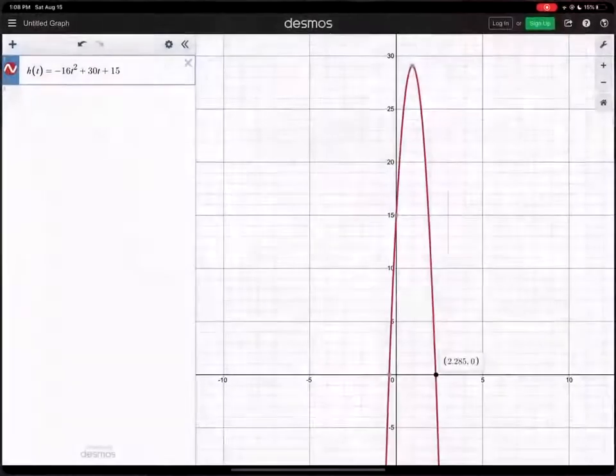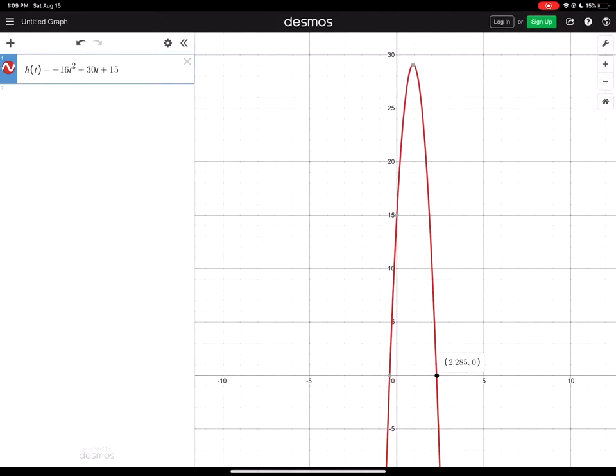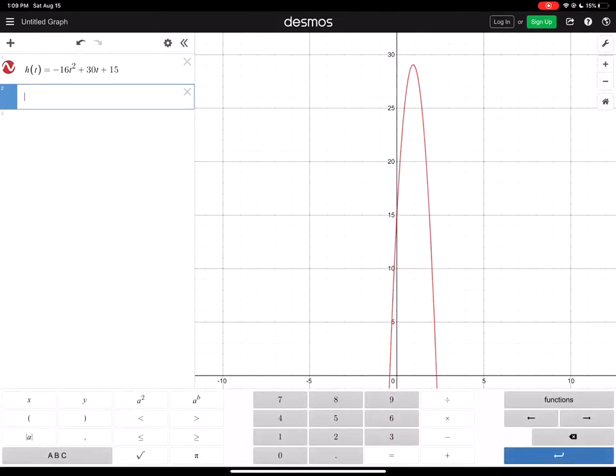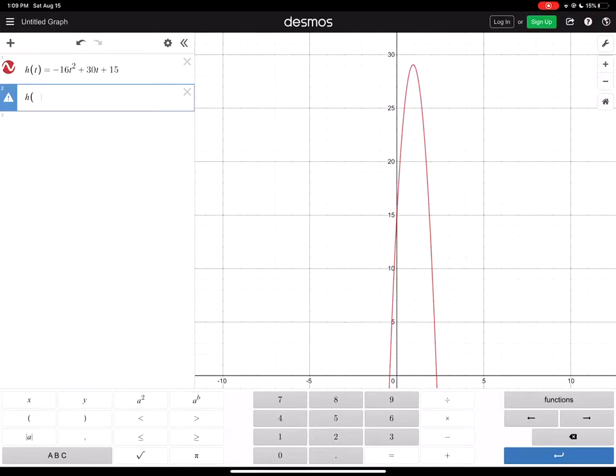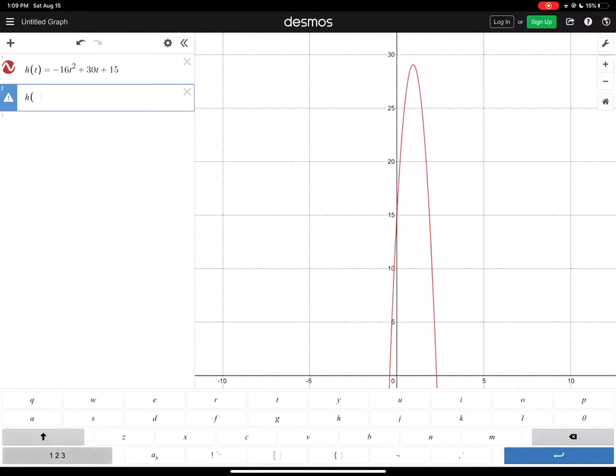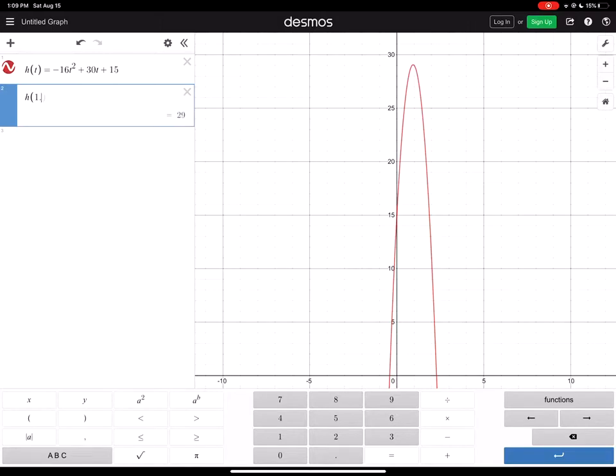Going back here, I've defined my function to be h of something, you'll notice. So that means I can type in h of 1.5, and then Desmos will give me a value.